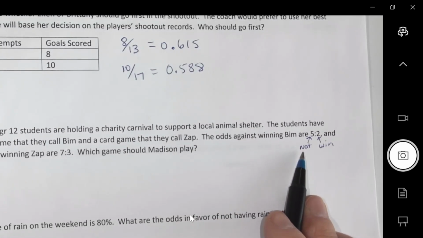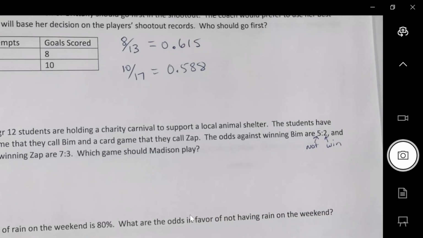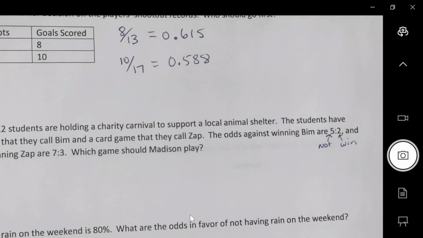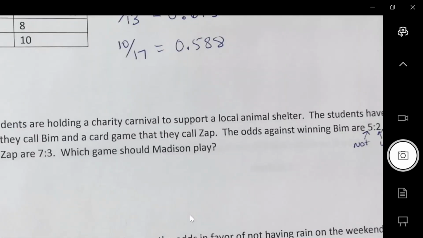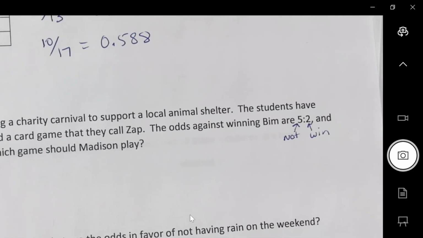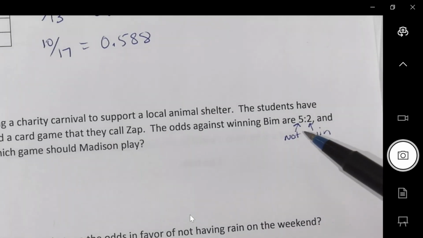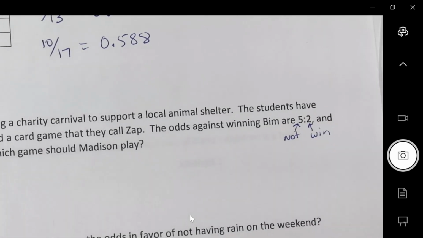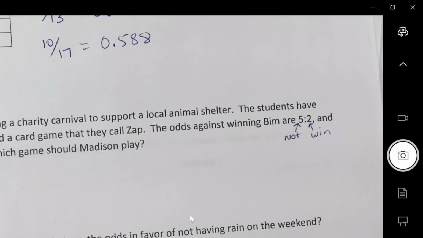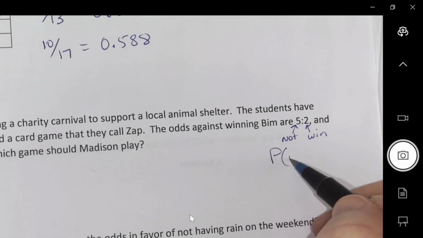So, this is them not winning. They're going to not win 5 times and they're going to win 2 times. So, what's the probability that they would win?